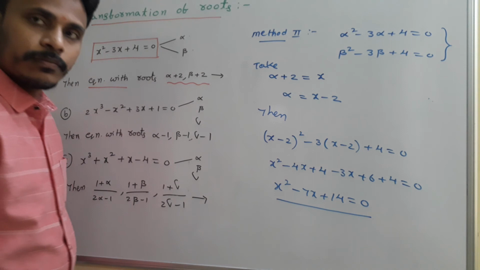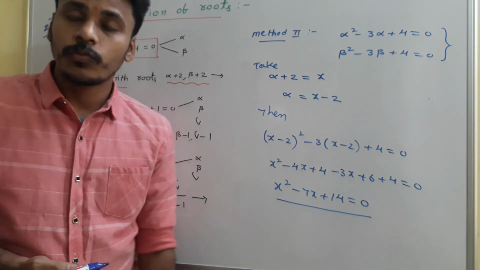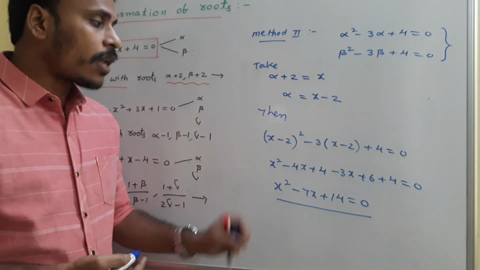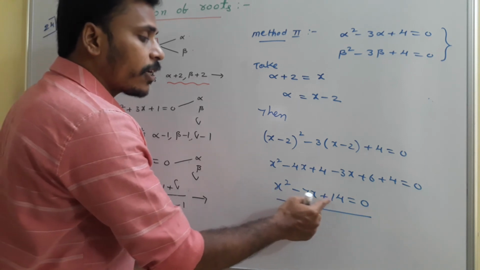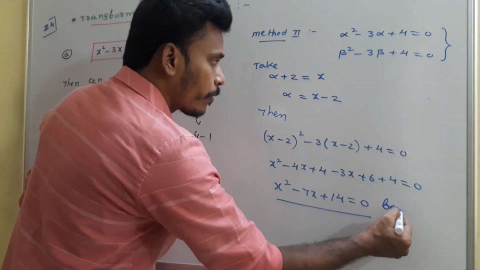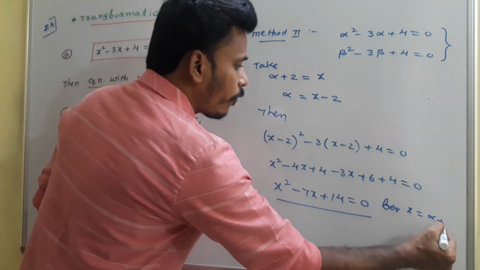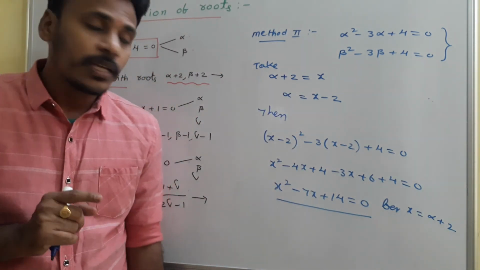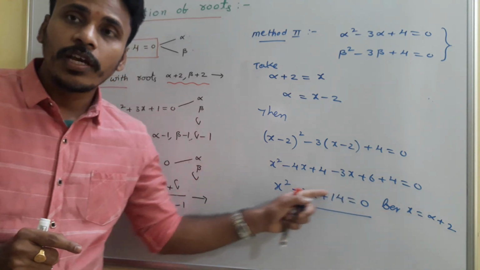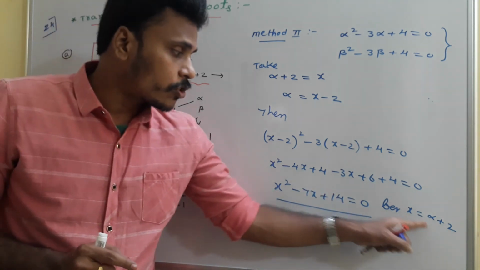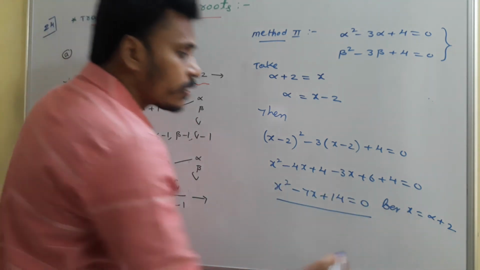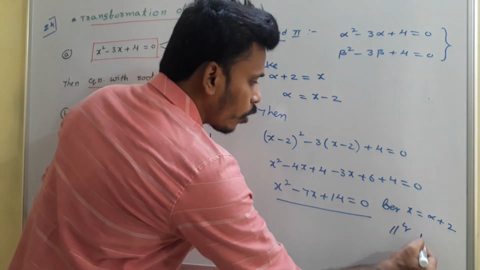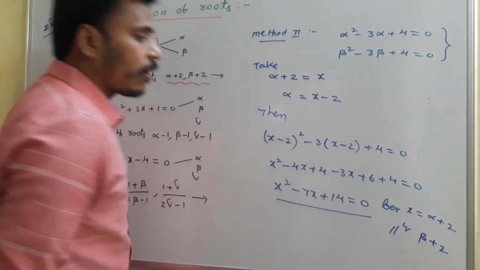Just have a look. We are getting the same equation as we discussed in method 1. Now this x square minus 7x plus 14 is equals to 0 for x is equals to alpha plus 2. That's our initial consideration, right? That in the sense alpha plus 2 is satisfying this equation. So alpha plus 2 is a root for this equation. Similarly, we can do for beta plus 2 also, but no need to do because they are symmetrical, right?